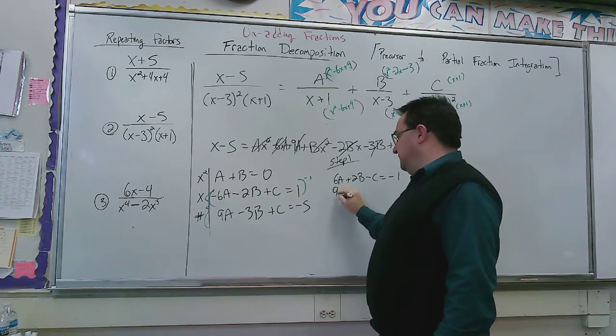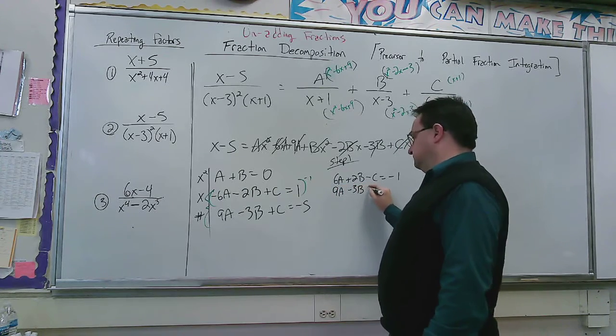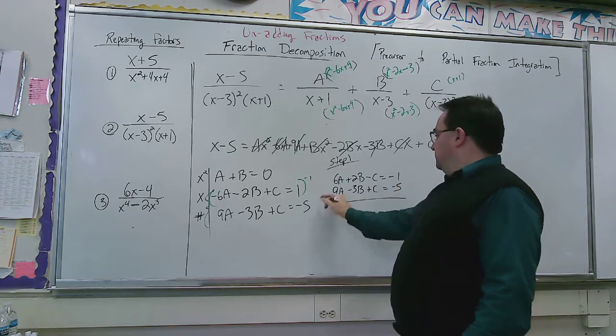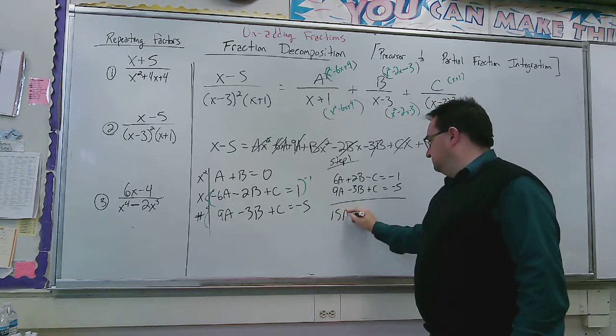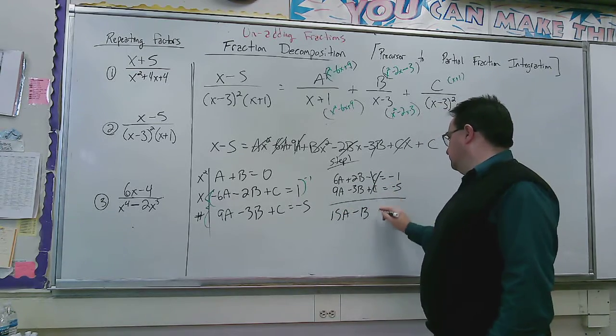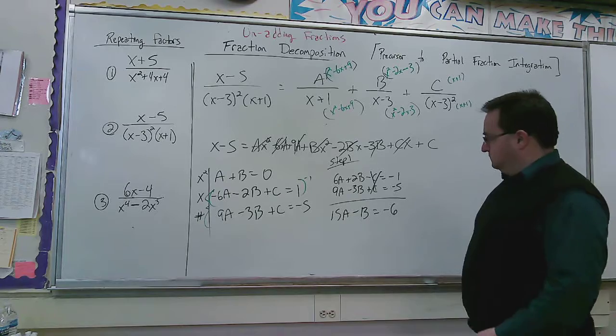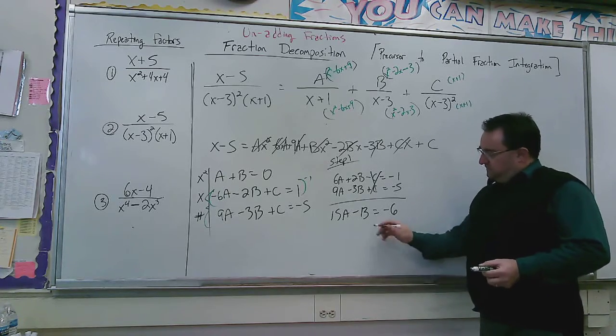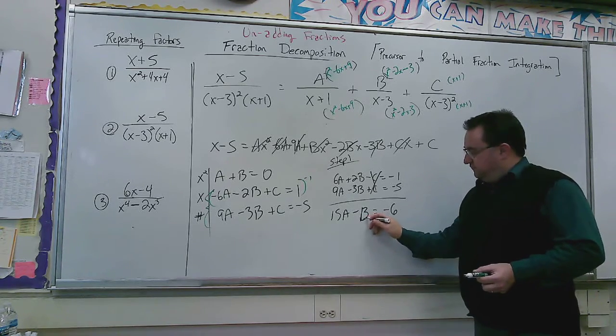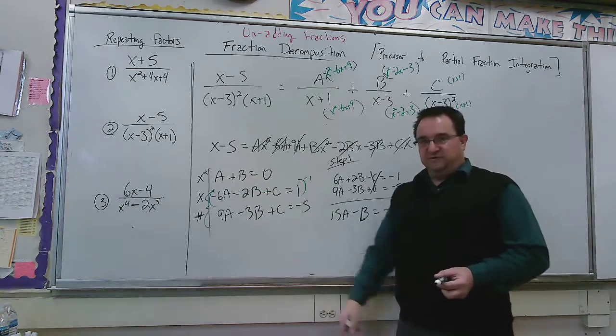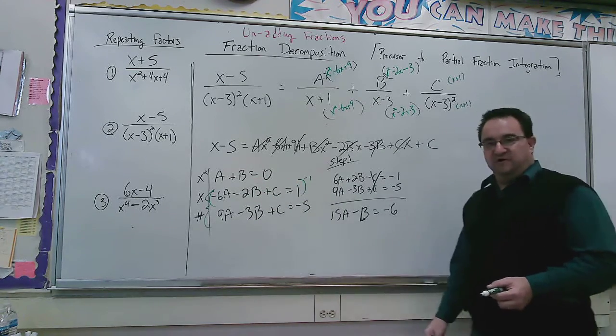And this I'm just going to carry over. And then I'm going to add them column-wise. So here is an equation that came from these two. I haven't used this one yet.